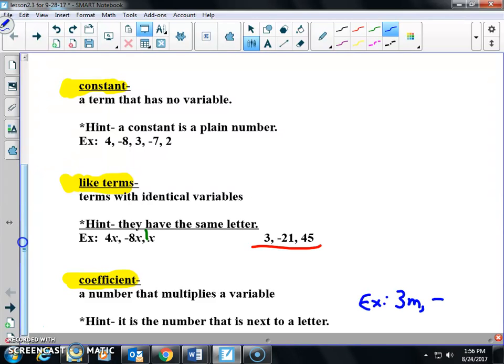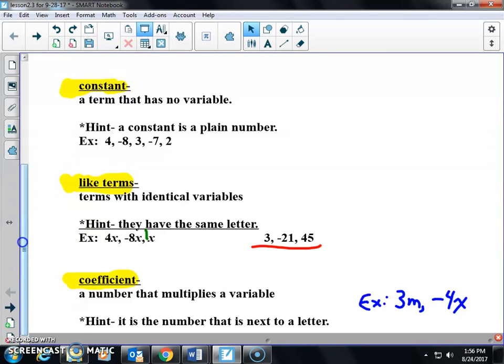Let's see another one, -4x. -4 is the coefficient because it multiplies the variable. It's the number next to the letter. It's the number that gets multiplied by the variable.